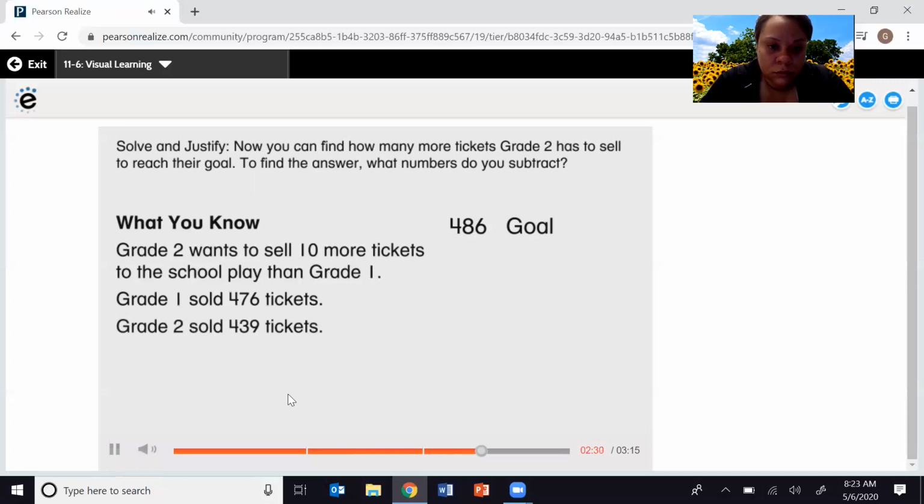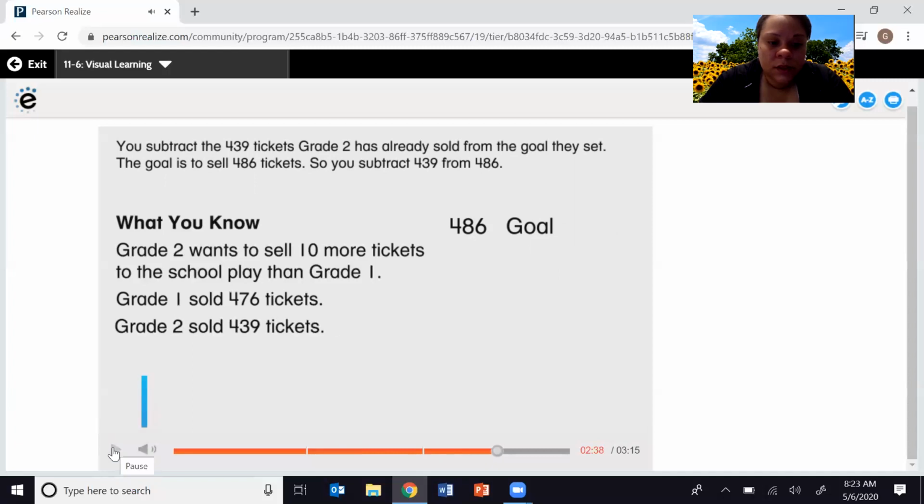To find the answer, what numbers do you subtract? The 439 tickets grade 2 sold from the goal they set. So the first thing they did was they added 10 tickets to 476 to get 486, right? So this is what they need to get to. Second grade needs to get to this to reach the goal of 10 more than grade 1.